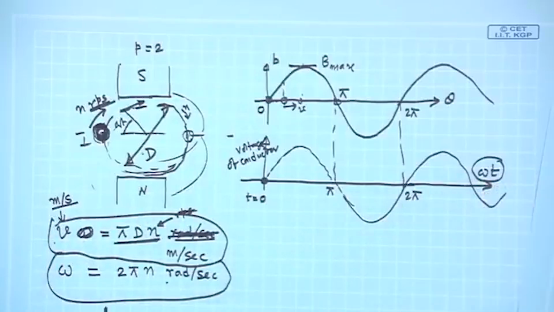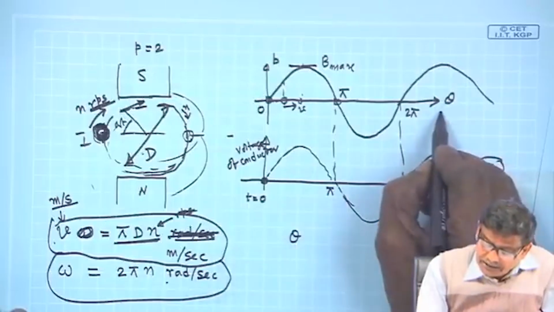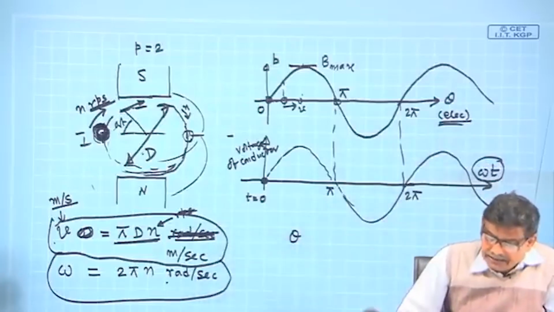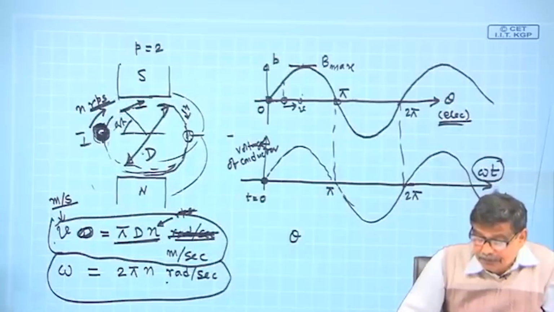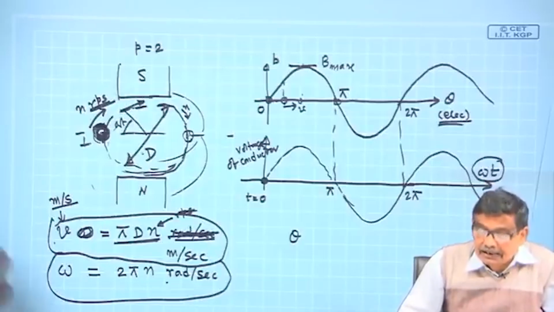Therefore, in a two pole machine we say theta electrical, but time is really not ripe to distinguish between mechanical and electrical angle.